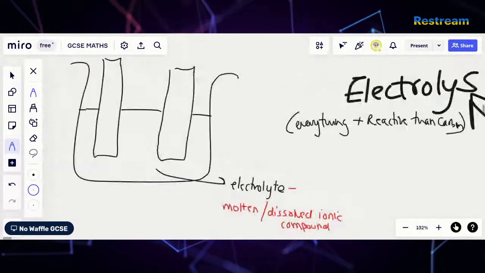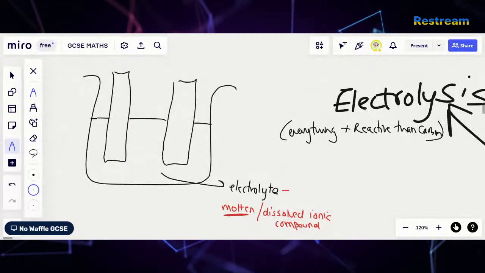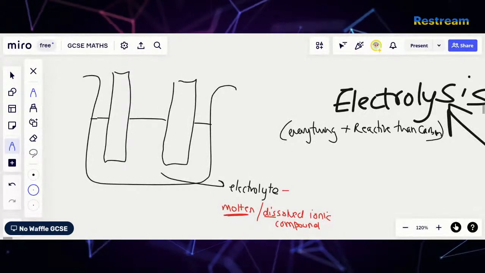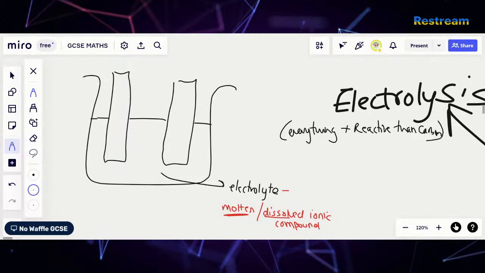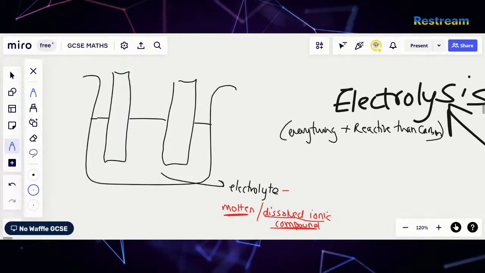So that's where molten comes in. And dissolved is just when it's in water, because that would be an aqueous solution. Dissolved ionic compounds would be in electrolysis of aqueous solutions, which we're going to look at soon. So the electrolyte is a molten or dissolved ionic compound.